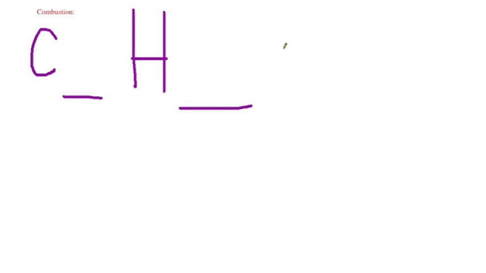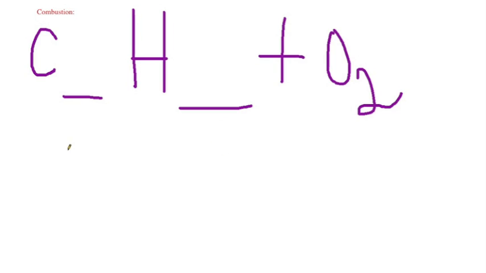So basically you have 2 types. The first one I'm going to label is incomplete. So C with a subscript, H with a subscript, plus O2, right here. And once again, this right here is incomplete.